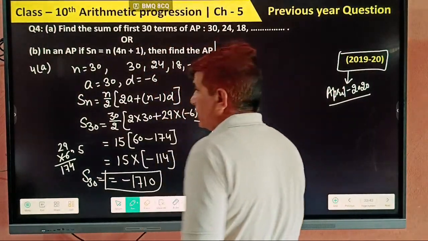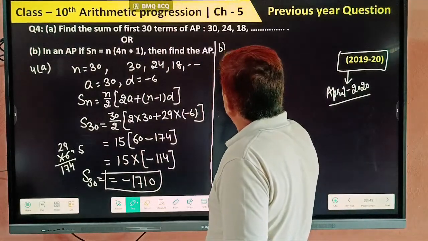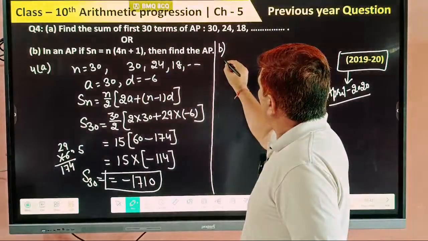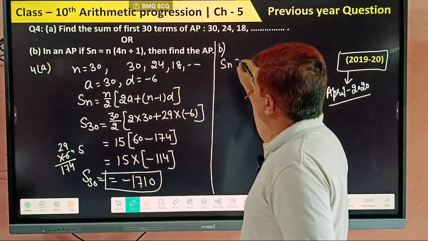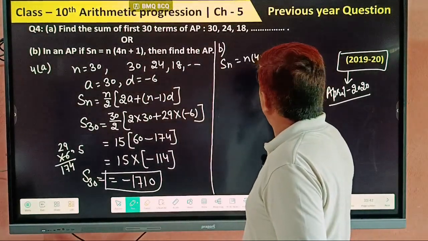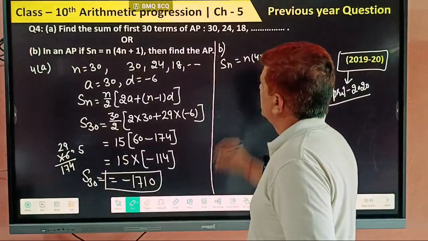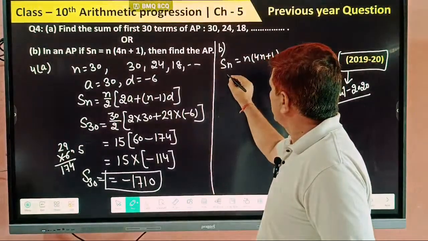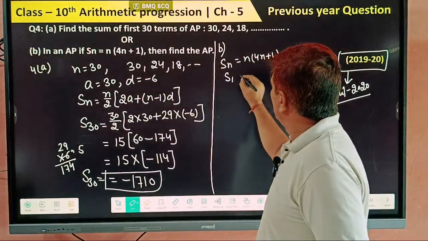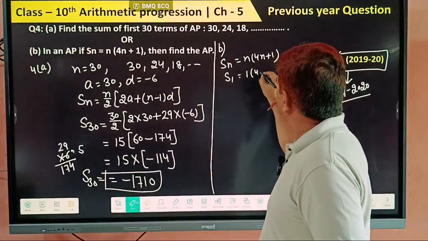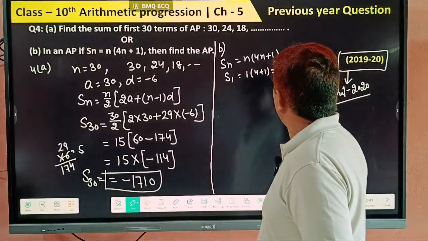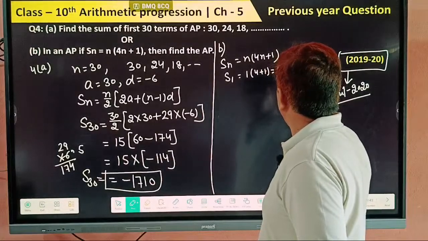B part of it. If Sn is given, how much is given? n into 4n plus 1. Then find the AP. You have to find out the AP. How simple is this? First we can find S1. 1 into 4 plus 1, 5, and this is equal to a1.